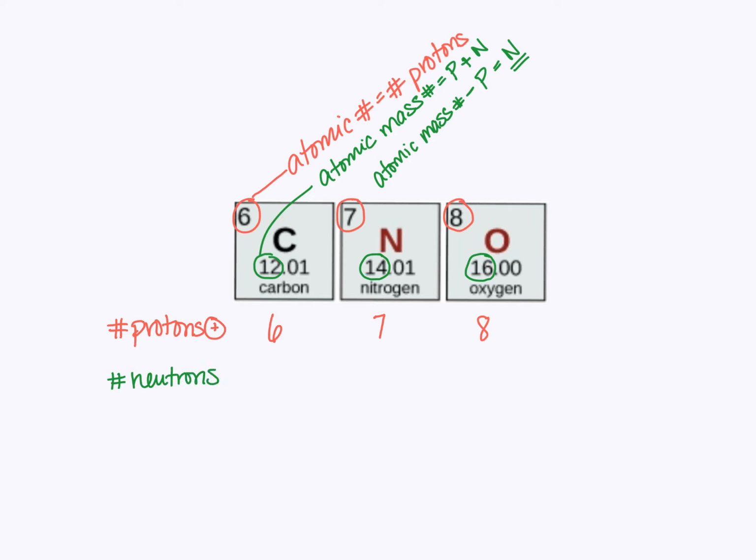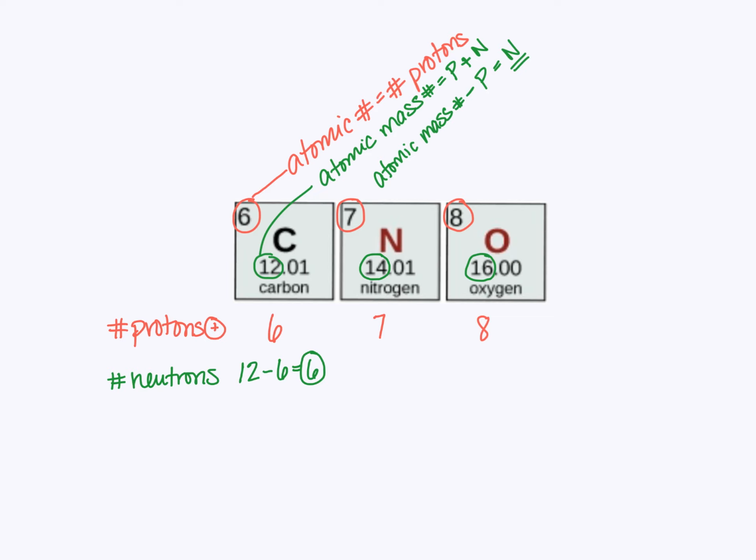So for carbon, we can take the atomic mass number of 12, subtract the number of protons, which is the same thing as saying the atomic number, so 12 minus 6, and our answer is carbon has 6 neutrons.